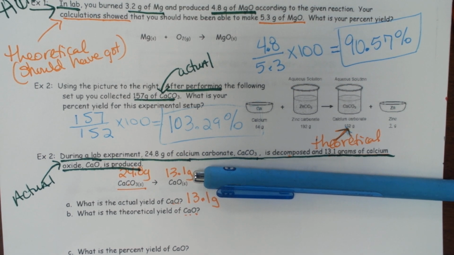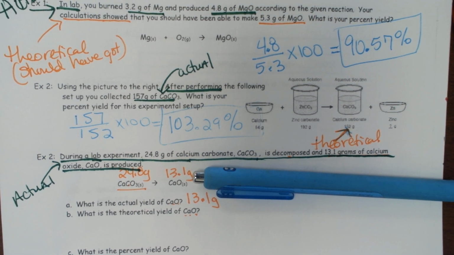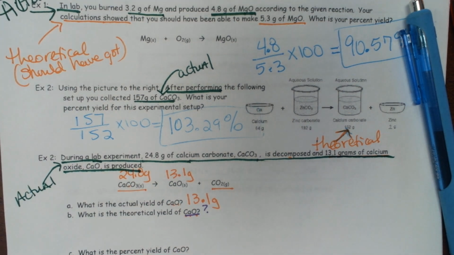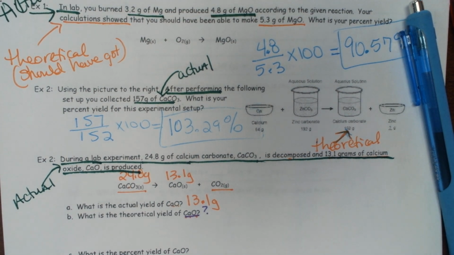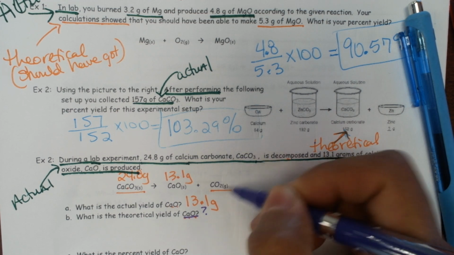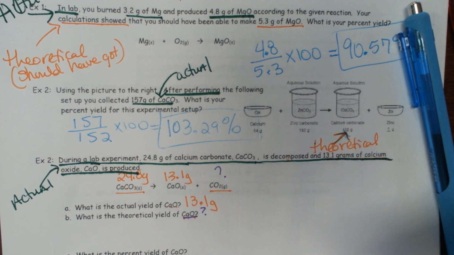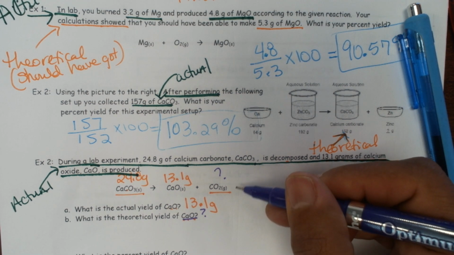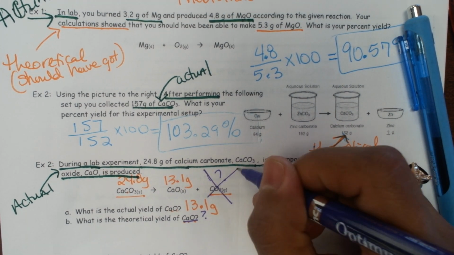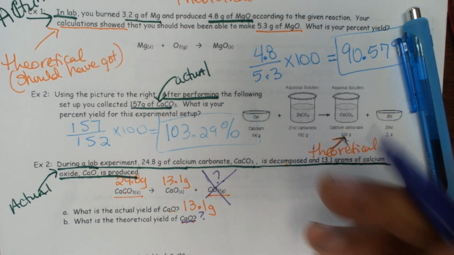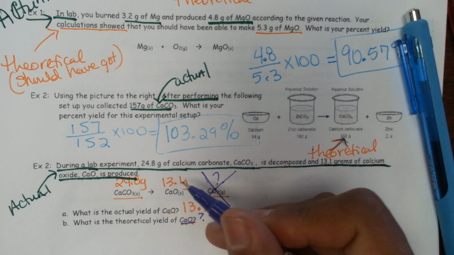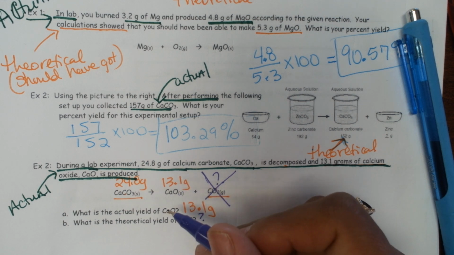Okay. How much? We're looking at, what number are we looking at? I'm looking for this, is my question, theoretically. Do I know it over here? No, I don't know it. I'm going to put a question mark. I don't know this number. I'm not looking for this. I'm going to put a little X too, because I don't know it, number one, and I'm not even looking for it, number two. This I know is going to be actual.